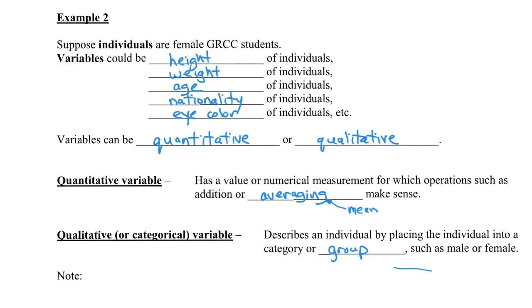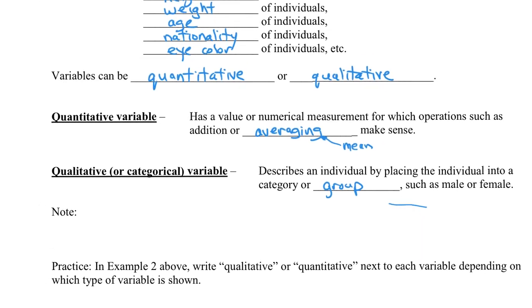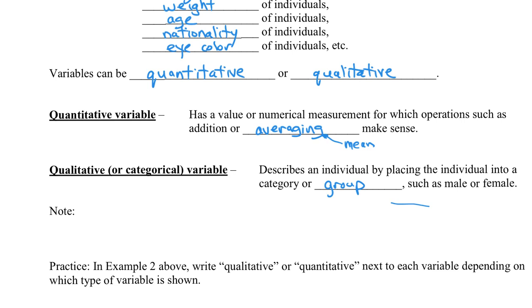A qualitative variable describes an individual by placing the individual into a category or group, such as male or female. Okay, so for us, we've got quantitative and qualitative variables. And let's see, we've got a little note here.